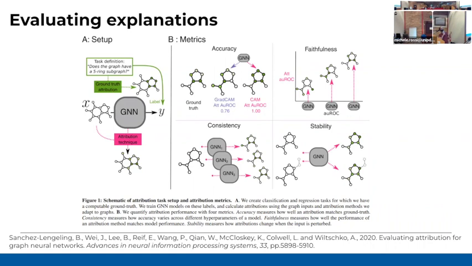Deciding when a certain explanation is good is another problem. You need to see that it keeps the original prediction consistent. It must be stable if you remove a certain number of edges, etc. So there are many, many different metrics.